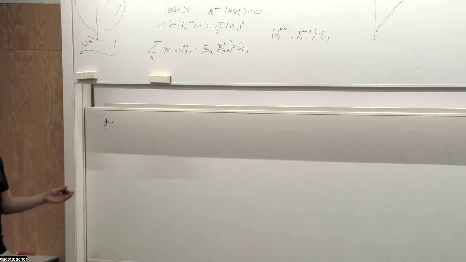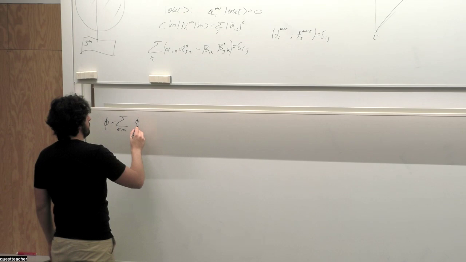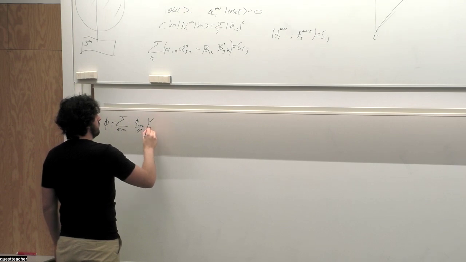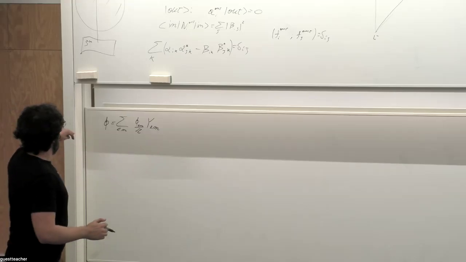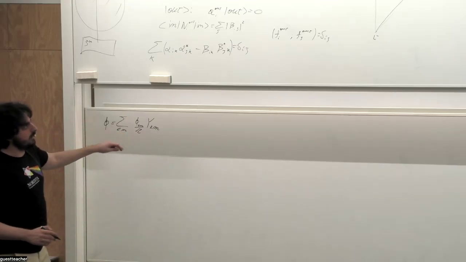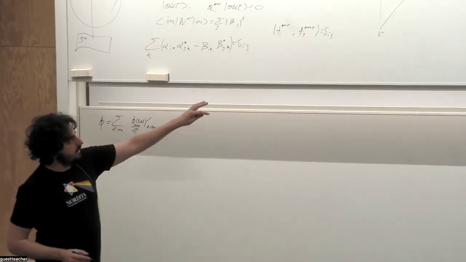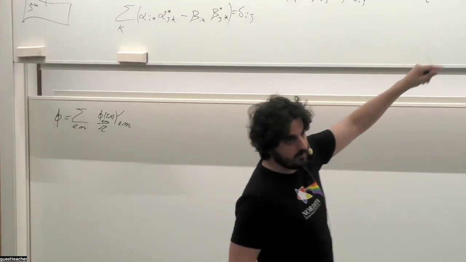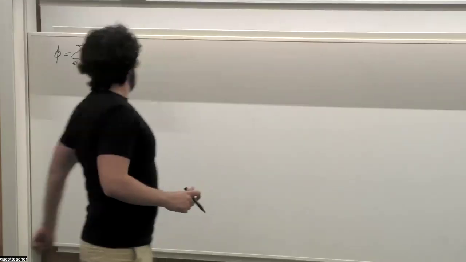You take the scalar field and expand it in a basis of spherical harmonics, with coefficients depending on t and r times Y_lm, the spherical harmonics that depend on the angular components. Of course, t is different in the two regions, so this is either t_in or t_out. And now you can do the computation and expand box phi equal to 0.